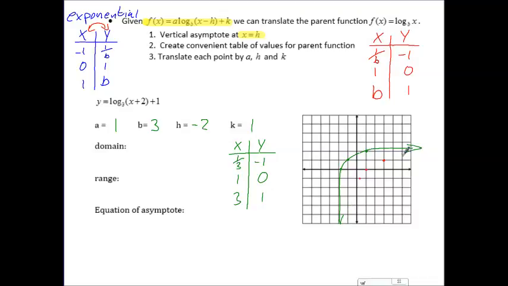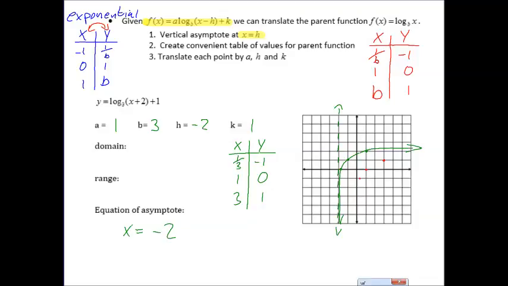And that also shows us where our vertical asymptote will be. And as we had said, the vertical asymptote is at the value of h. In this case, it is at x is equal to negative 2.